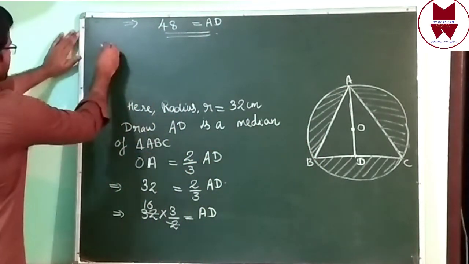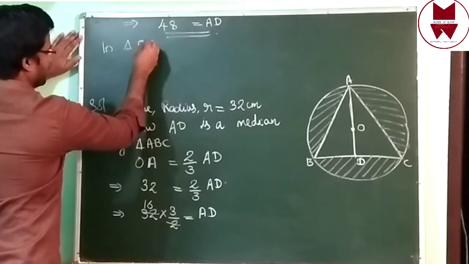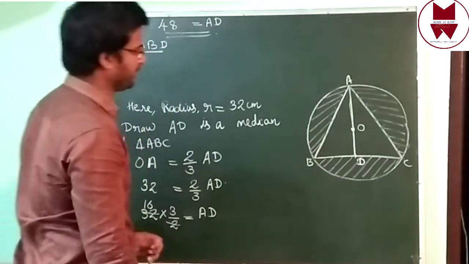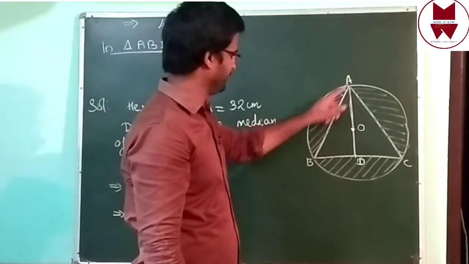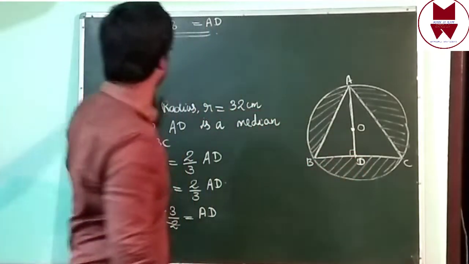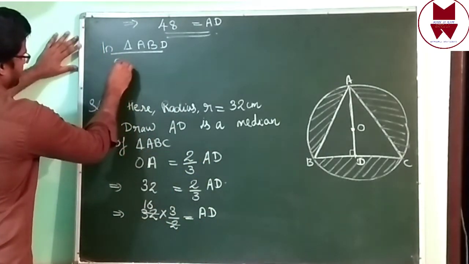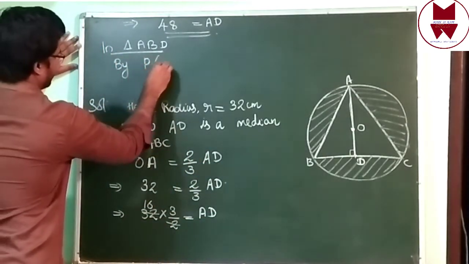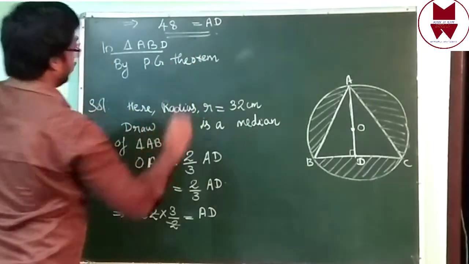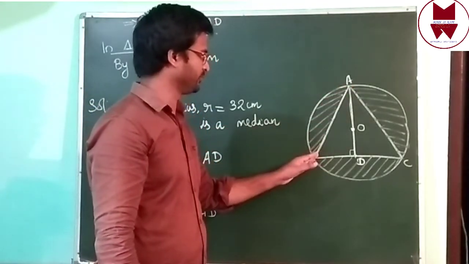Now in triangle ABD, this is a right angle triangle. We can use the Pythagoras theorem here, because we have to find the length of AB, one side.